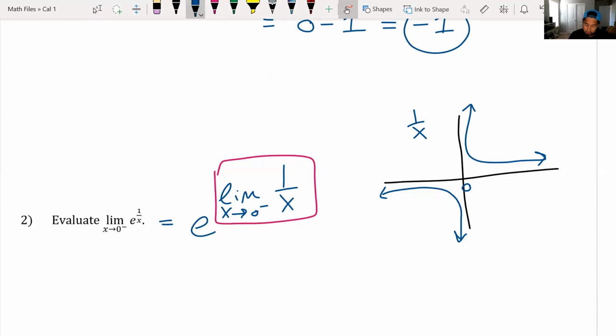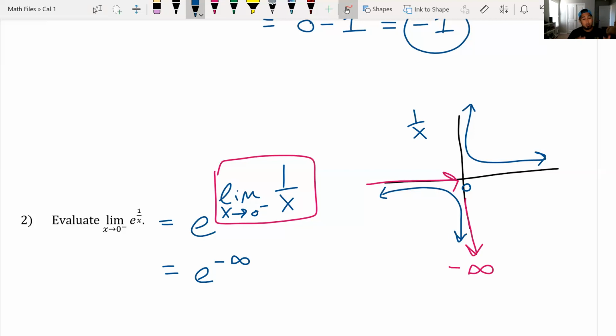Look at our graph. As I approach 0 from the left, where are my y values headed? My y values are headed towards -infinity, which means that our limit will become e to the -infinity. Okay, well, what does that tell us? We need to find a way to interpret this information.